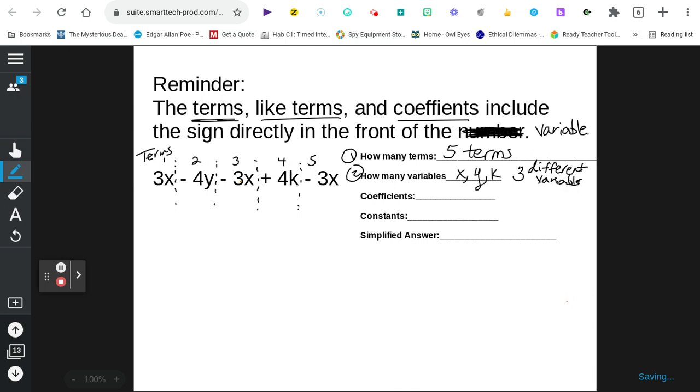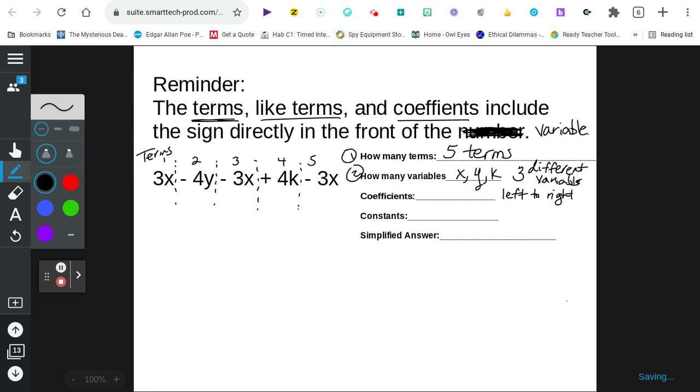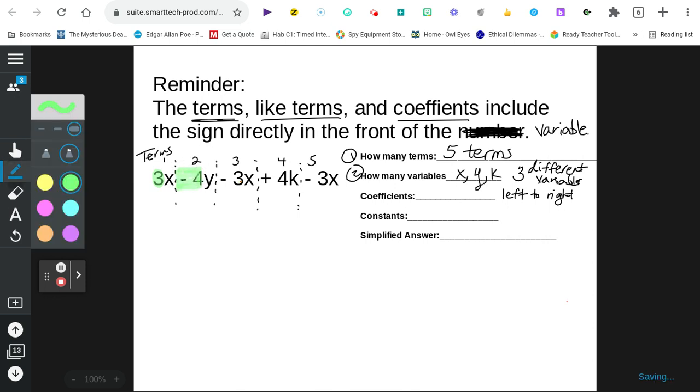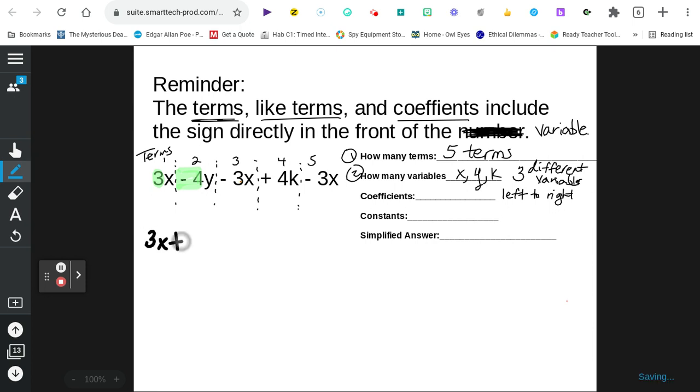All right, I'm going to list the coefficients in order from left to right, okay? So the first coefficient is 3. The next one, guys, will not be 4. It will be -4 because if I were to rewrite this as addition, minus would go to plus, and 4y will go to -4y.